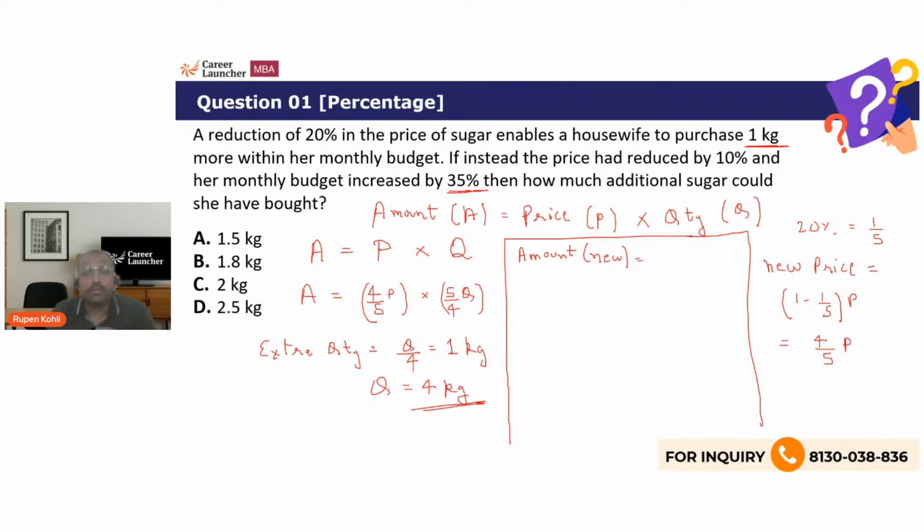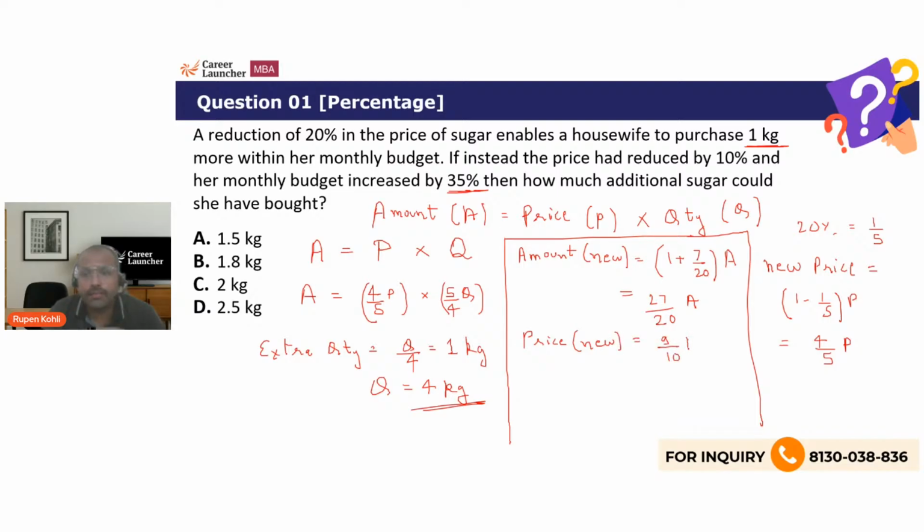First of all, she has increased her monthly budget by 35%. 35% is 35 by 100 or 7 by 20. So the new amount is 7 by 20 fraction more than the original amount, or this is 27 by 20 times of the original amount. This is the new amount. Then what about the price? The price had reduced by 10%. So what is the new price in this case?